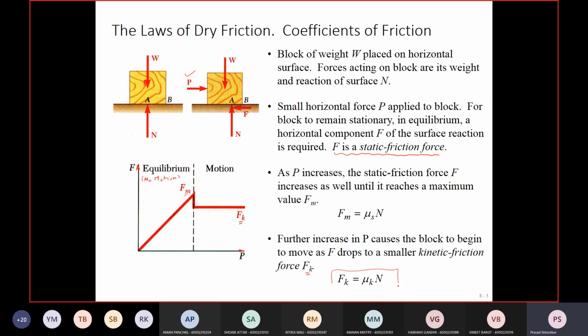So Fk is known as the kinetic friction, and the relation for Fm is given as Fm equals coefficient of static friction into N. Mu s is the coefficient of static friction, and when the system is in motion, this frictional value drops to a slightly lower value, and mu k is called the coefficient of kinetic friction.